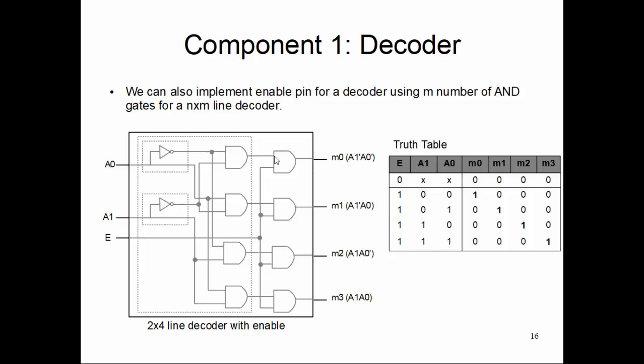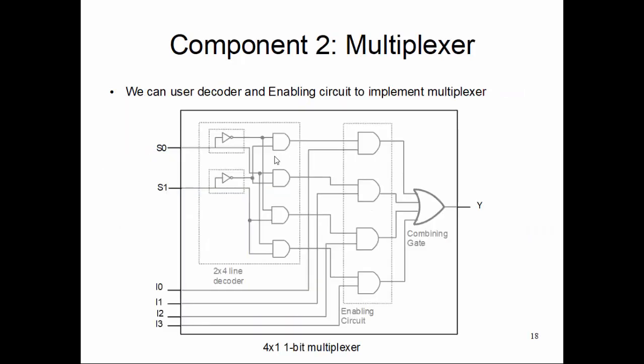Now we use the same circuit to implement the multiplexer. This is your 2x4 line decoder, and these are those four AND gates in the enabling circuit of the 2x4 line decoder with enable.